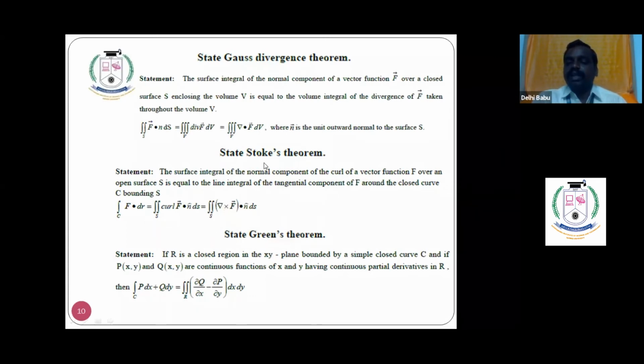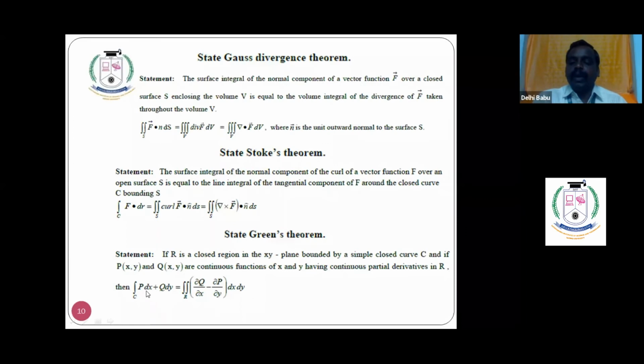This is called Stokes theorem. And Green's theorem is nothing but the integral of p dx plus q dy, which is equal to double integral over R of dou q by dou x minus dou p by dou y into dx dy. This is called Green's theorem.